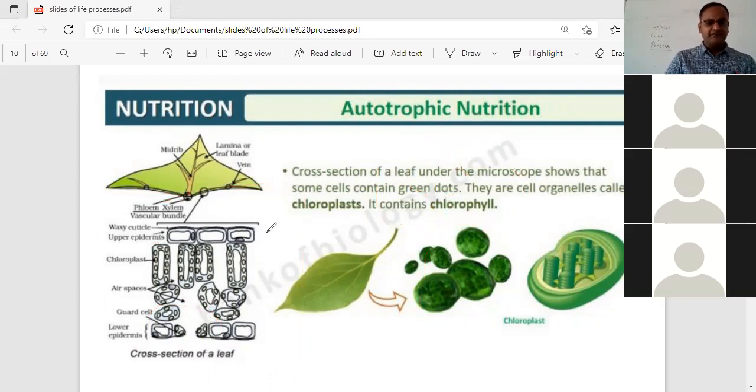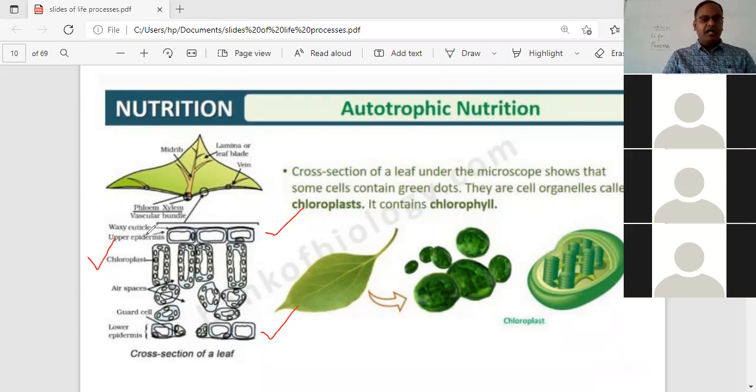So here you can see the upper epidermis and the lower epidermis in the cross-section view of the leaf. In the lower epidermis, the guard cells are the structures through which transpiration will occur. Then below the epidermis, you are seeing these chloroplasts, which are the site of photosynthesis. Between the chloroplasts, air spaces are present.